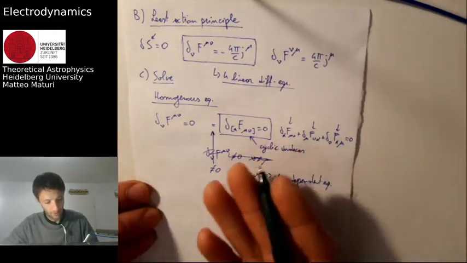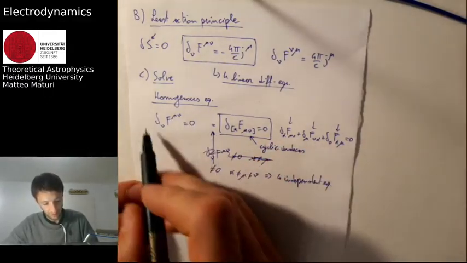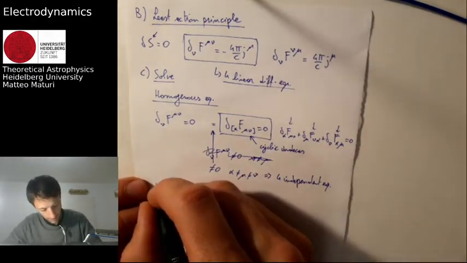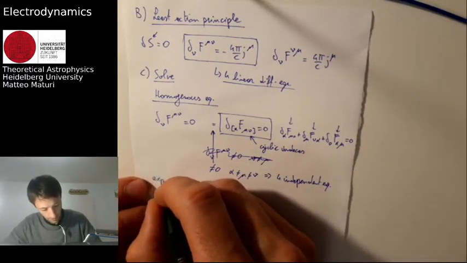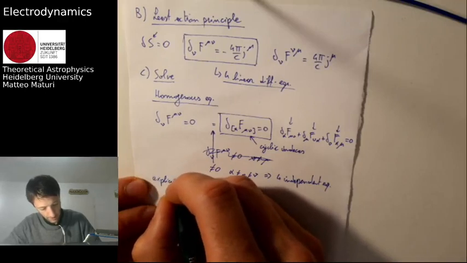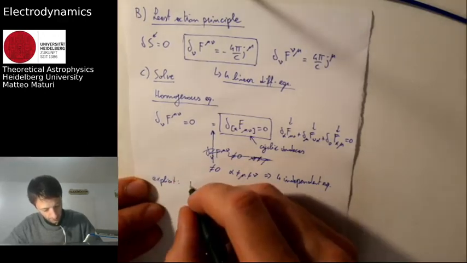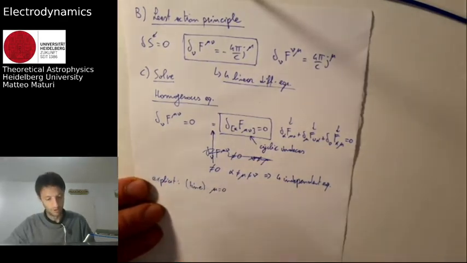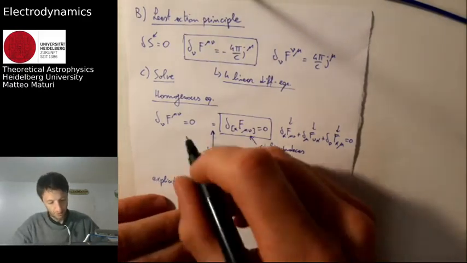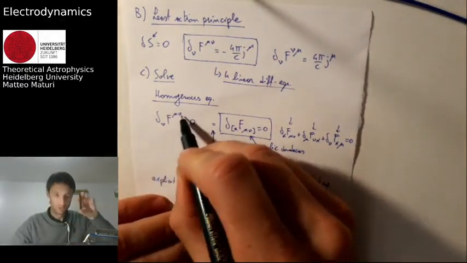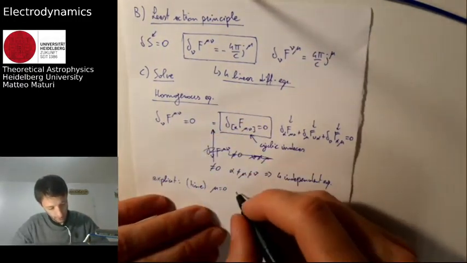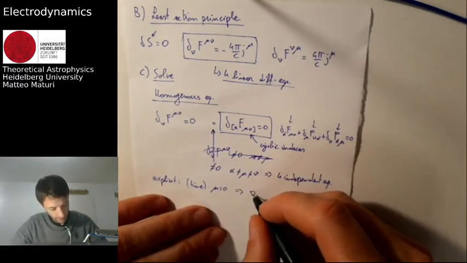Okay, fantastic. Now, to have the solutions written in explicit form, you just need to look for the components. For example, we can set μ equal to 0, so we look for the time component. Then we have the antisymmetry, and the terms sum up with respect to ν, and we get divergence of B equal to 0.